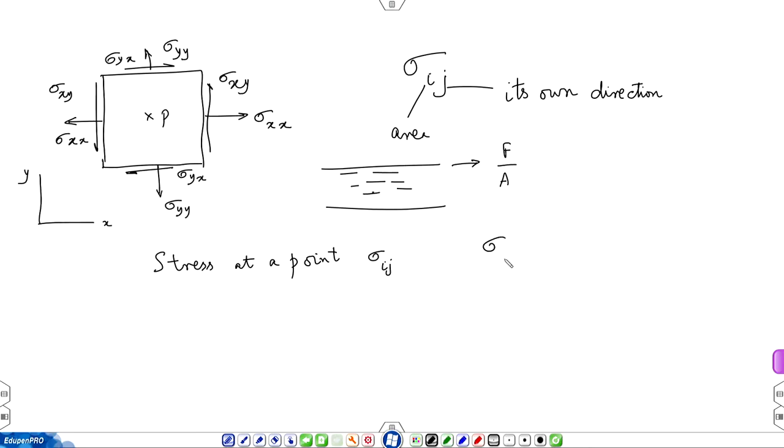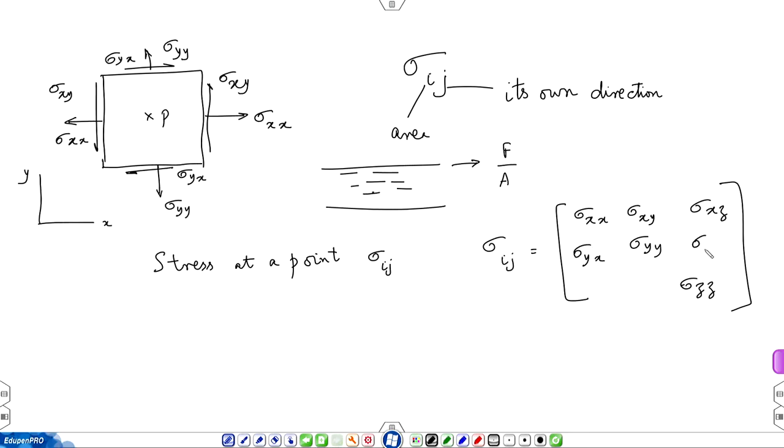So, sigma ij can be assembled in the form of a matrix with all the normal stresses placed along the diagonal, and off diagonal terms representing shear stresses. So, in 3D it is a 3 by 3 matrix.